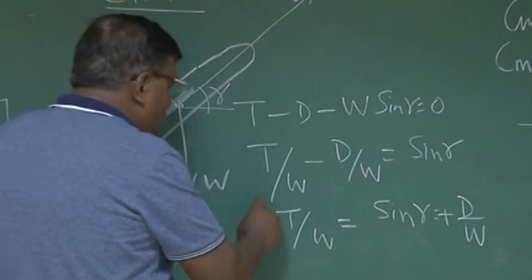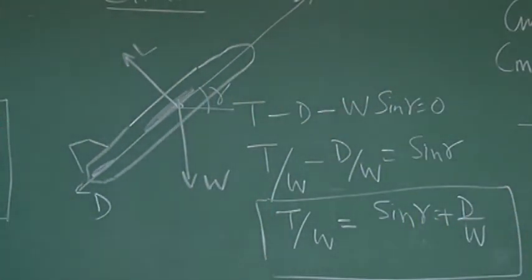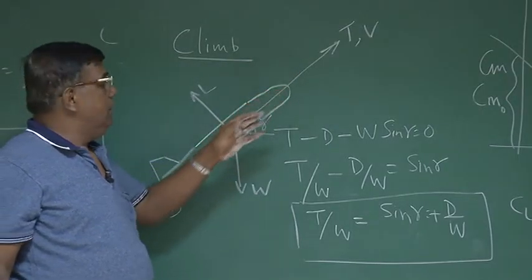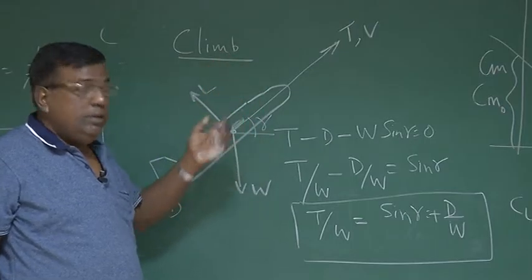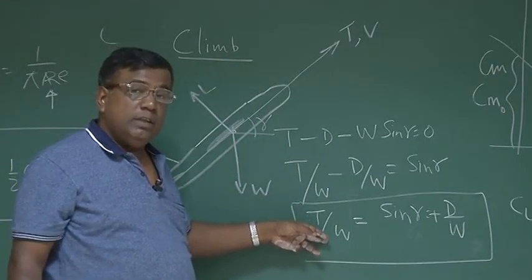If I am really going for a climb, please understand as a designer, when I am climbing, the thrust has a duty to lift the weight, carry the weight with it. That is why T by W becomes another important parameter.